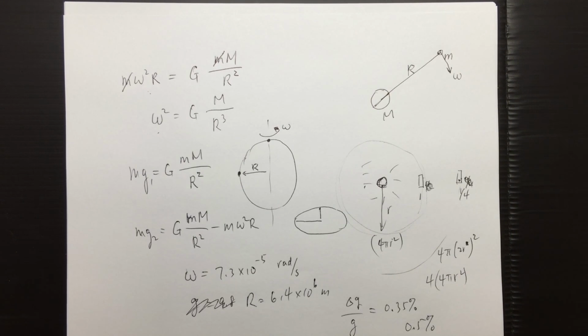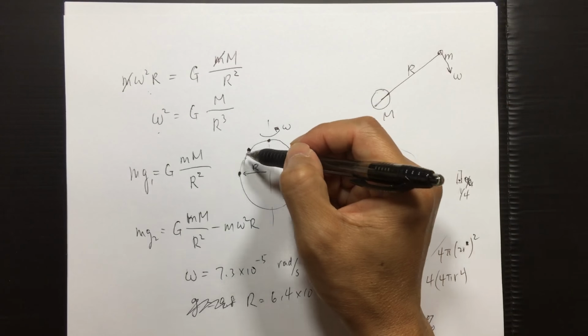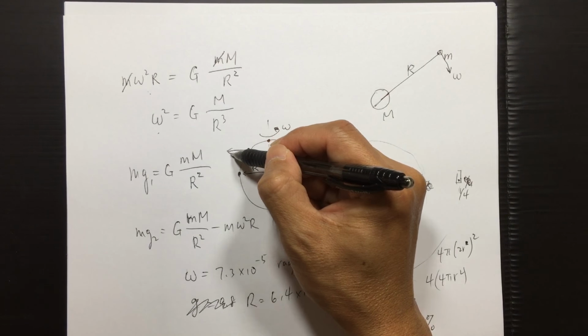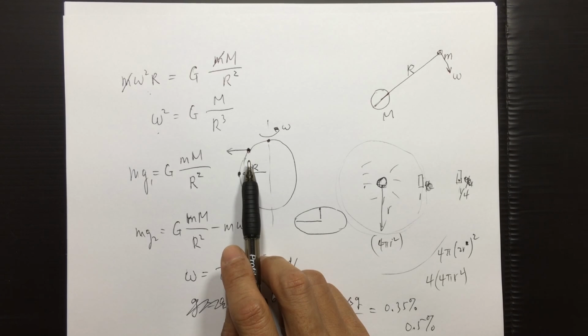Of course, if you're looking somewhere here, that force is still going this way, because you're spinning this way. The force is going out.